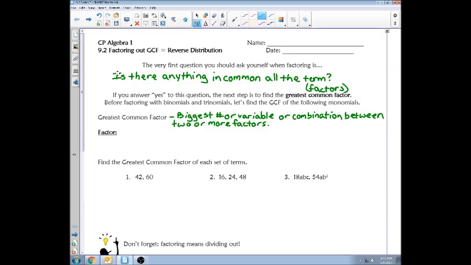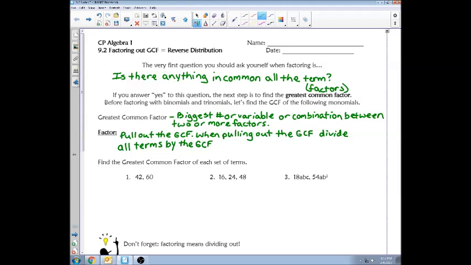In order to factor, we're going to pull out the GCF. When pulling out the GCF, we will divide all the terms by the GCF.